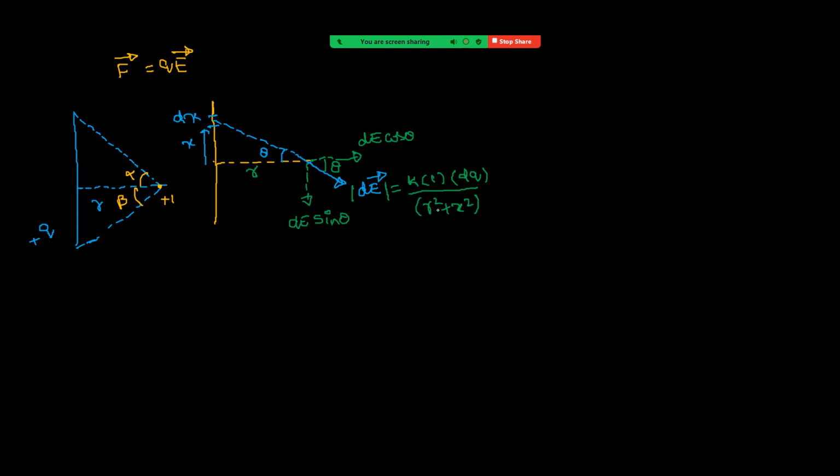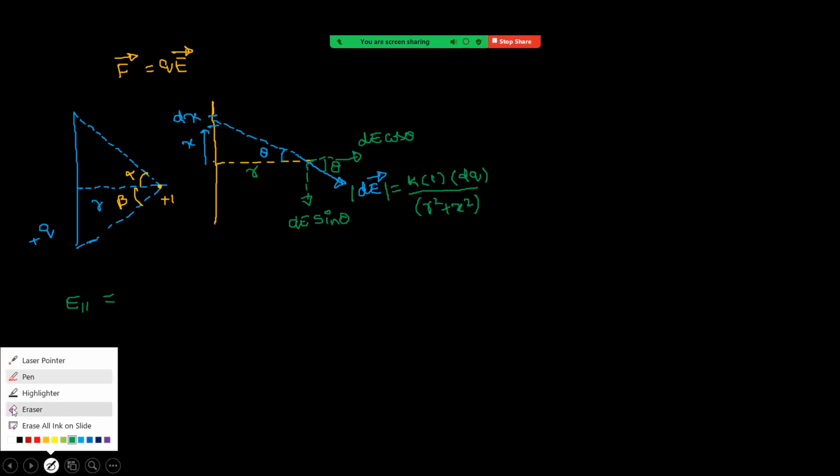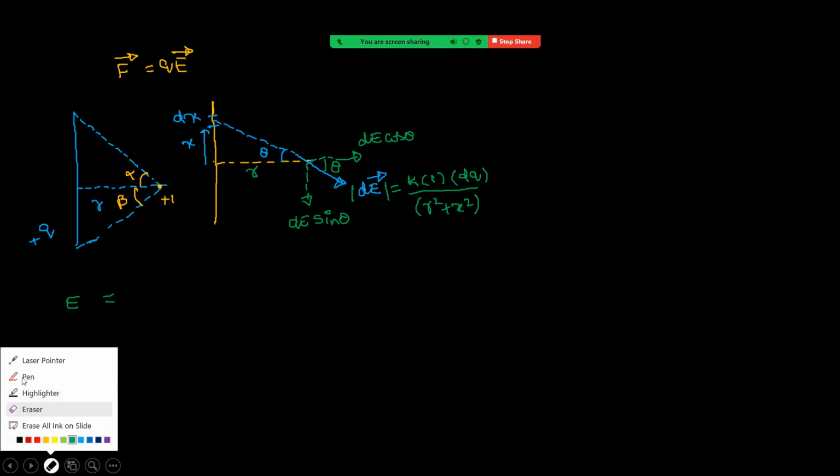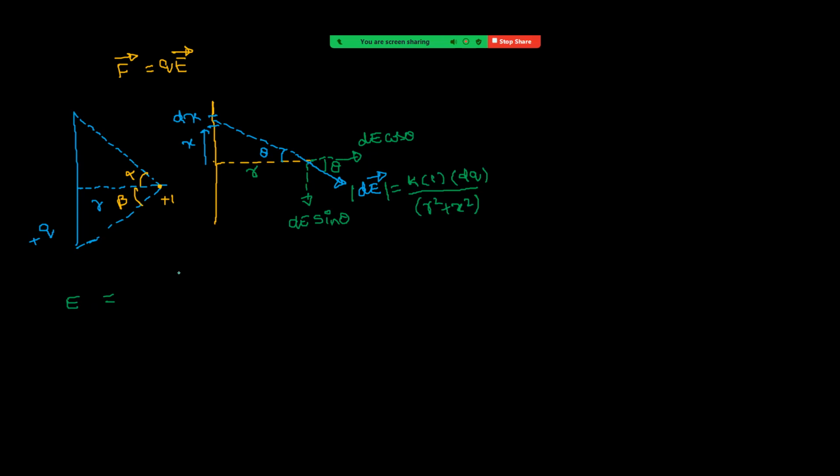I'm writing E parallel, the component of E bar parallel to the wire. But first calculate normal to the wire. We are calculating the component of E bar normal to the wire. E normal equals integral dE cos theta.